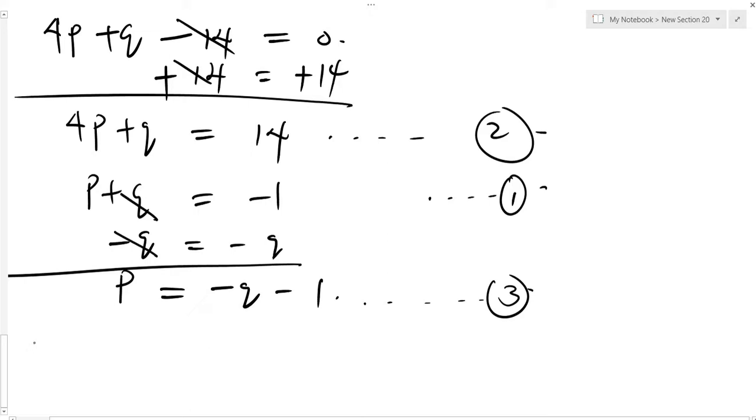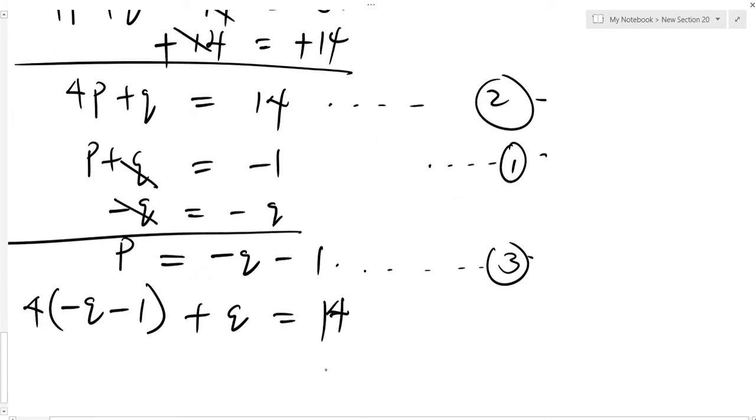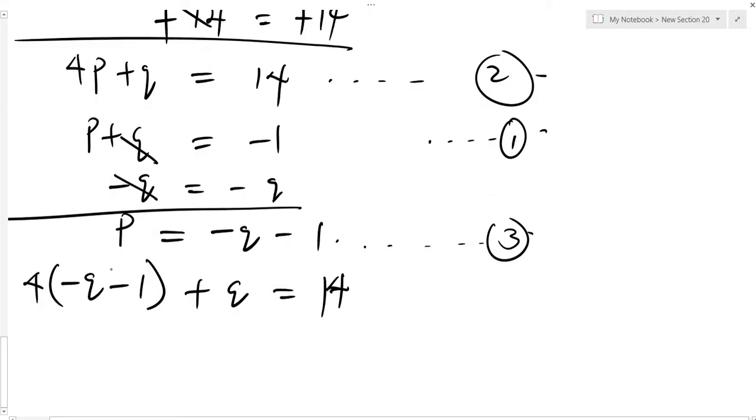So I have 4p. So this 4p will change to 4 into minus q minus 1. Then write out this other term that is in the equation. 4 times minus q will give you minus 4q. 4 times minus 1 will give you minus 4 plus q equal to 14.